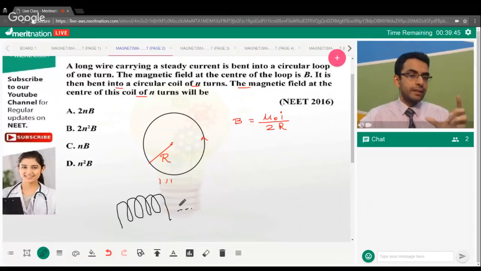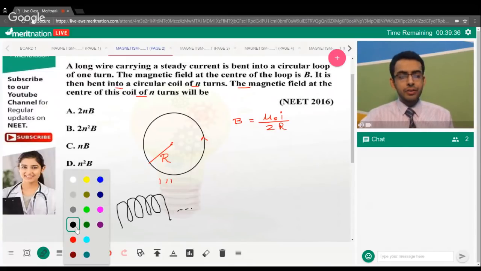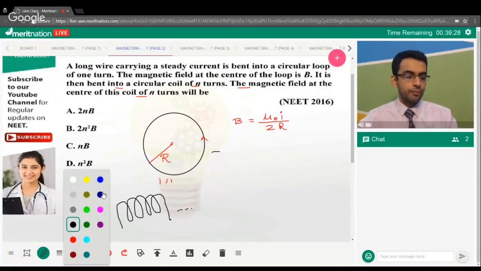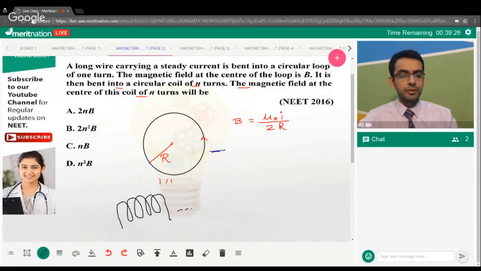How to find the radius? Length doesn't change. Length of the coil remains same. So initially, the length of this coil is 2 pi into capital R. Let us say the radius of the smaller coil is small r.